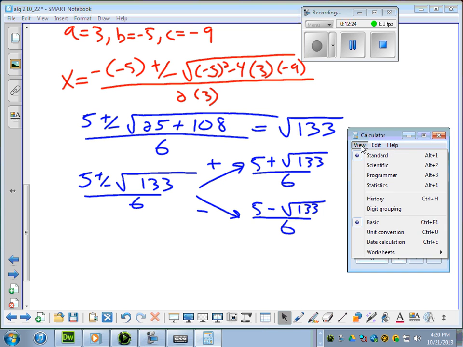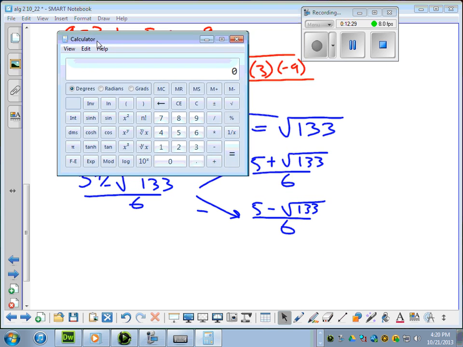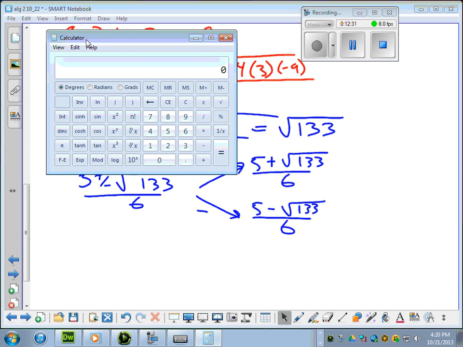So let me view my scientific calculator here, because what I want to do is find out what this is going to be. Okay? So first I want to find the square root symbol on this calculator. Basically the square root is to the 1/2 power. I think the way I would do that is 2 root of 133.